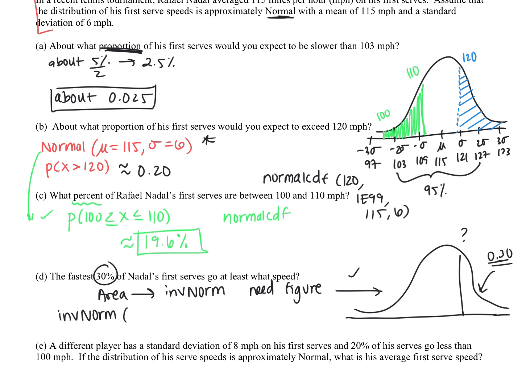Again, my calculator can't, so I'm going to have to do the lower 70% instead. And then mean of 115, standard deviation of 6. If you do that, you get the fastest 30% to be at least 118.1 miles per hour.